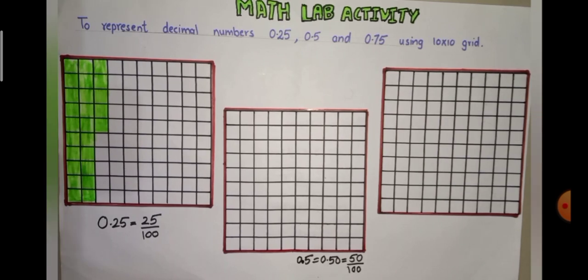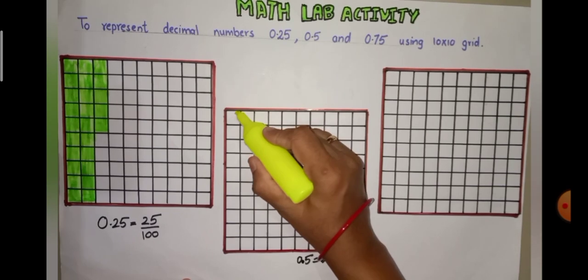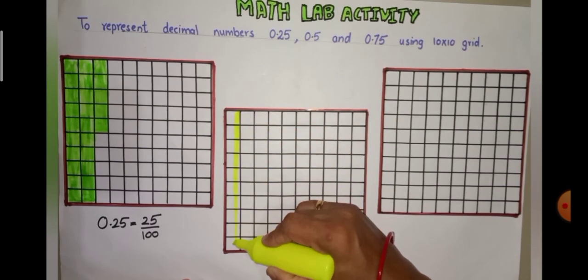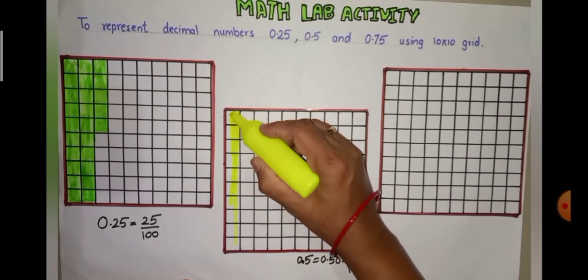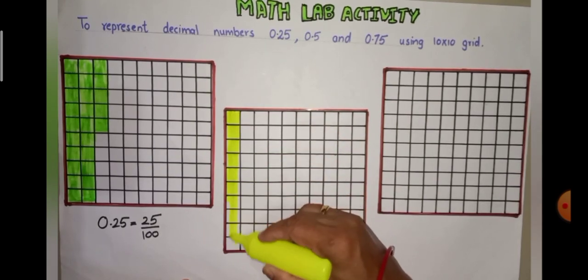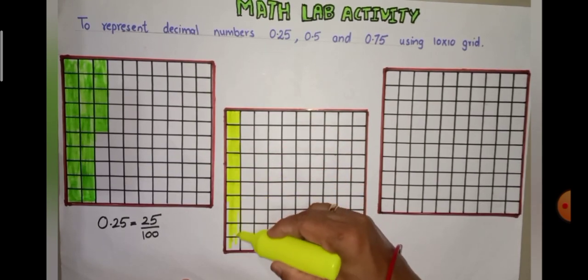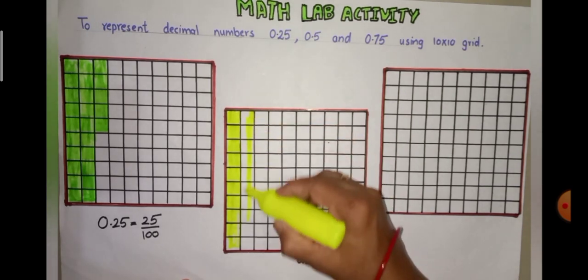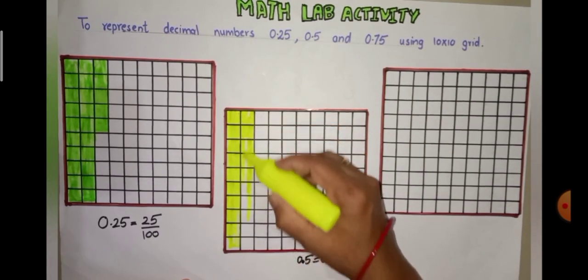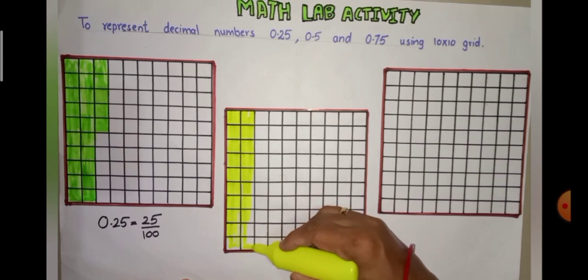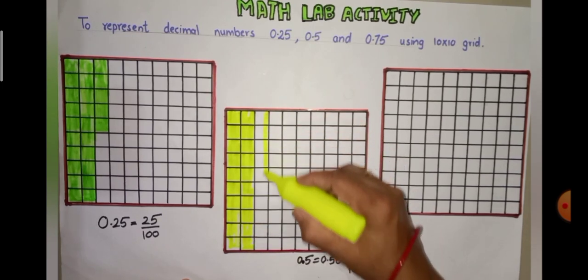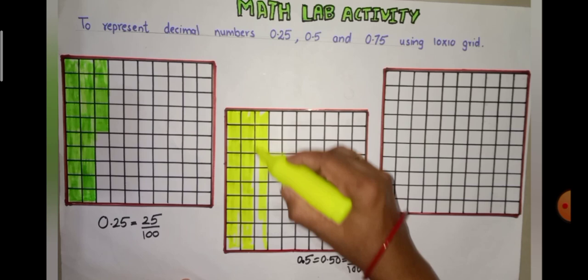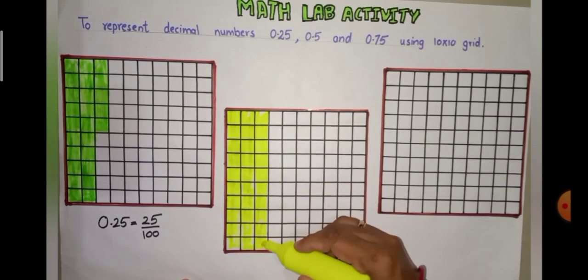To represent 50 on the grid, I have taken a yellow color marker and I am shading the first 10 squares like this, then the next 10 squares, that will make 20 squares. Then after 20 we will shade the next 10 more squares, so this will make 30 squares.